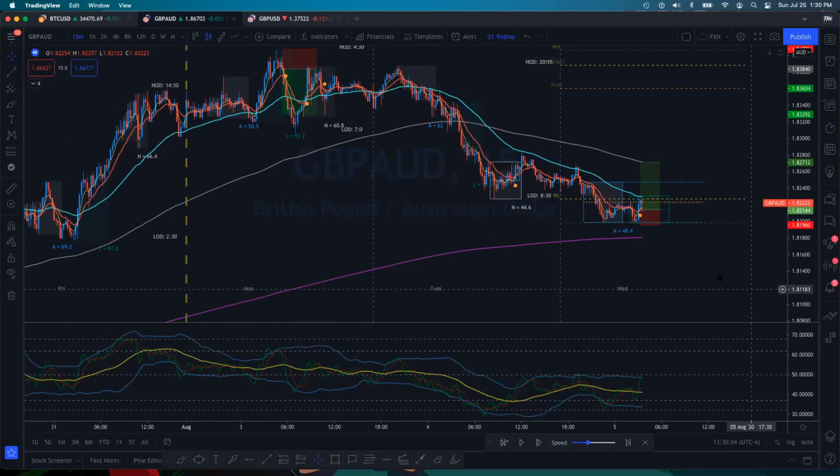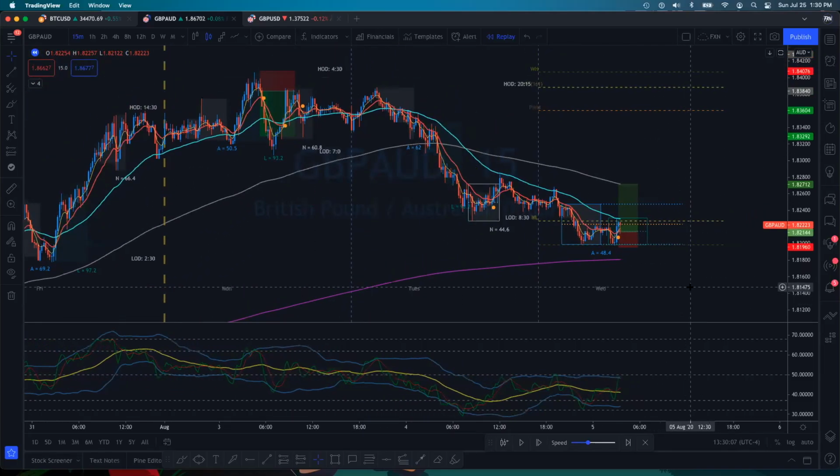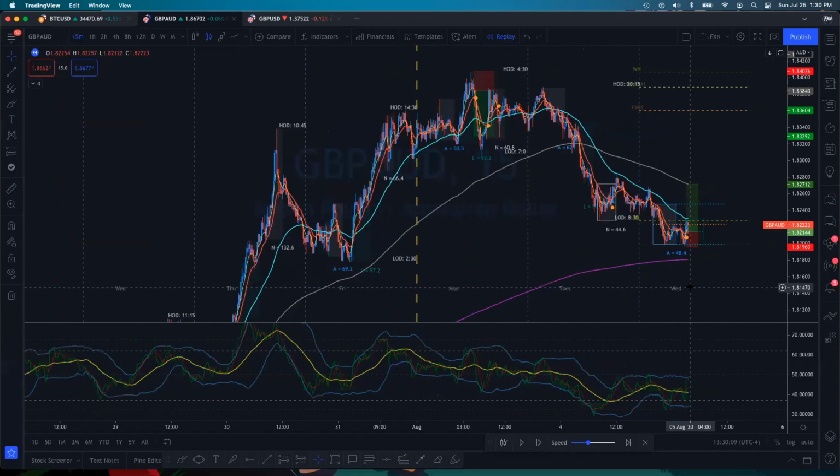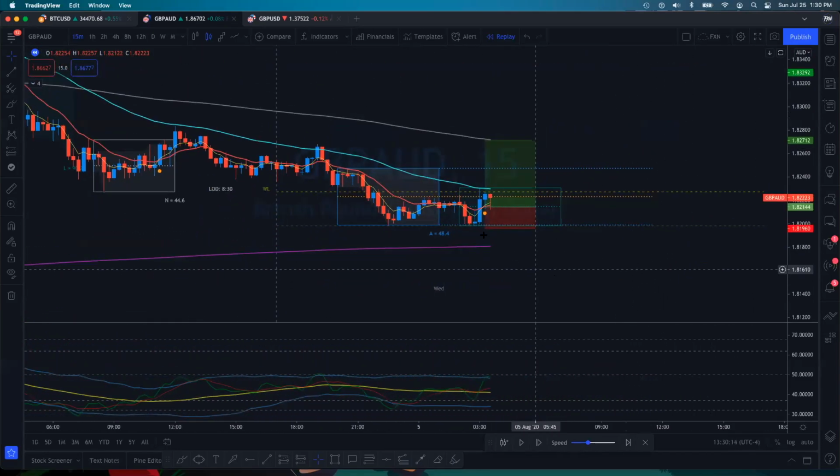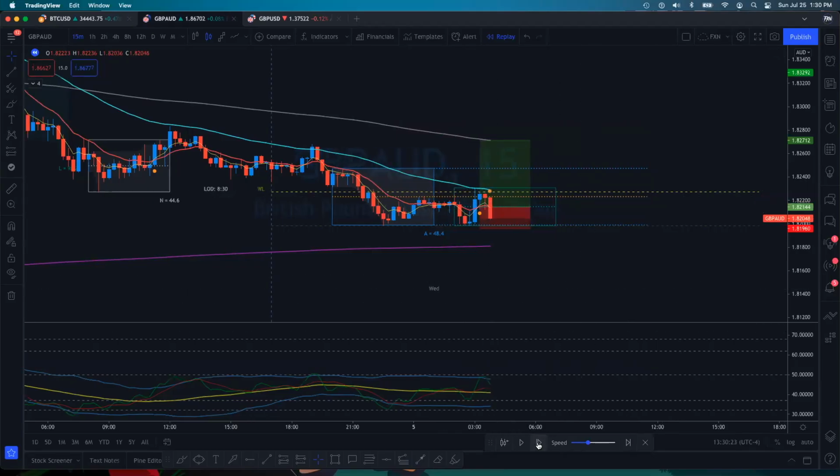So the question becomes, if I'm looking for sells, what would I need to happen? Obviously, it looks like it's getting stopped out here at the 50 as well. Let me see what the next candle is. So there's the next candle. I think the question then is, how big is that candle? 19 pips.